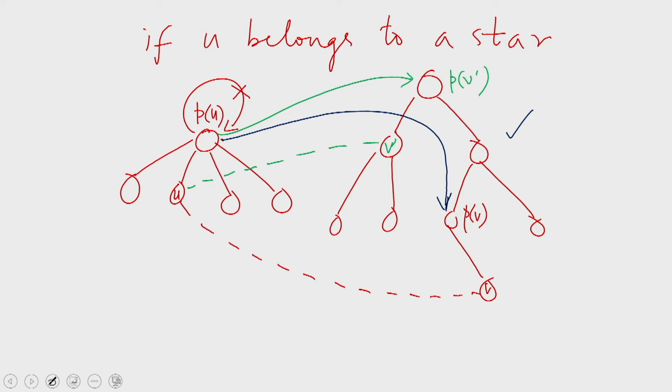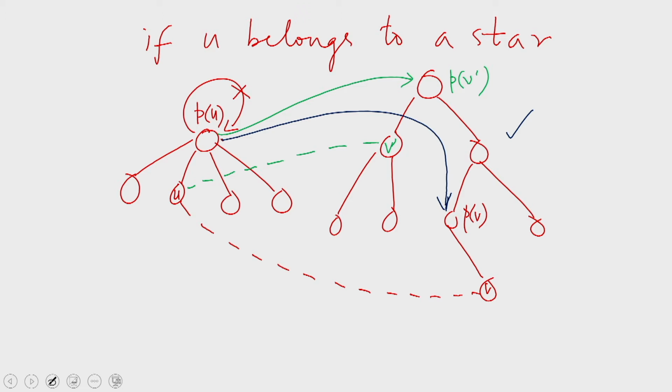Therefore, the first processor will attempt to reset P of u as P of v, whereas the second processor will attempt to reset P of u as P of v prime. Exactly one of these attempts will succeed on the arbitrary model. It does not really matter which one succeeds. Either way, we will be hooking this star to another tree.